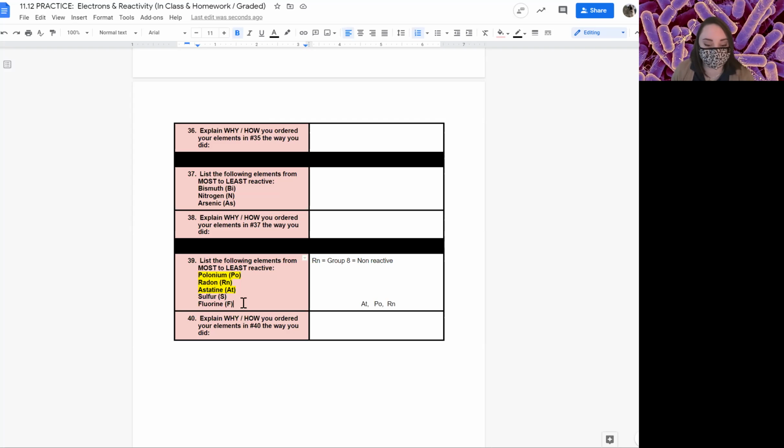Okay, so sulfur and fluorine. Would sulfur and fluorine be more or less reactive than the 3 elements we already have lined up?